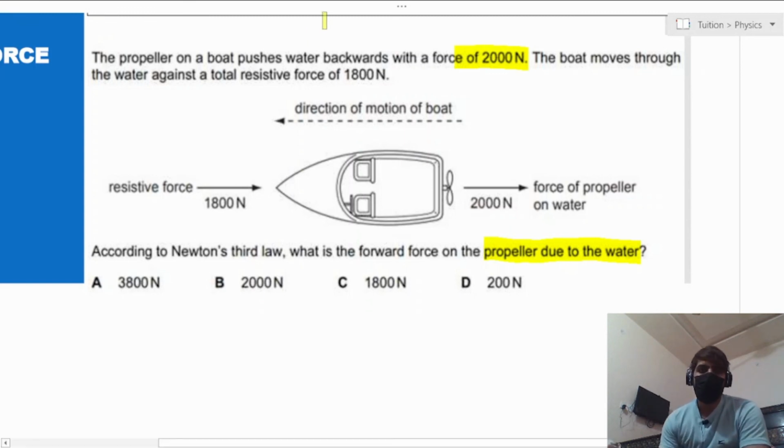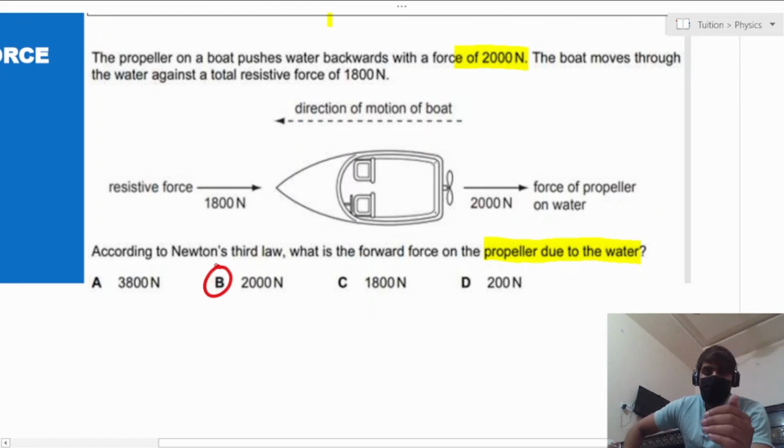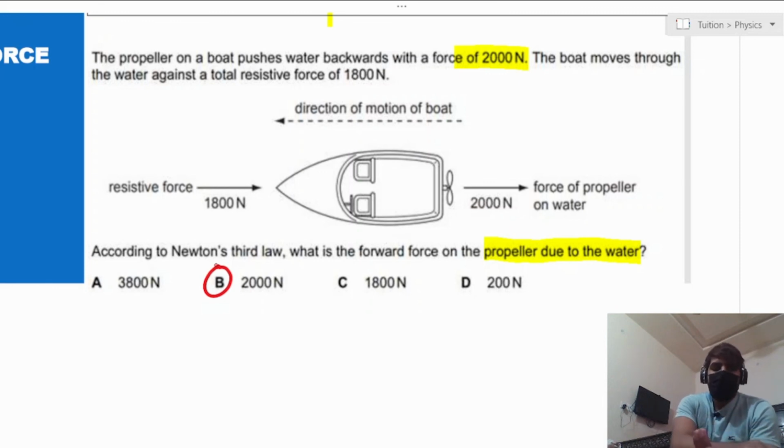So we know according to Newton's third law, action and reaction are equal. So the same force would be applied on the propeller due to water. So it has to be 2000 Newton. Now they have given the additional resistive force of 1800 Newton, but this has nothing to do with this question itself, because the question is strictly about, according to Newton's third law, what is the forward force on the propeller due to water?